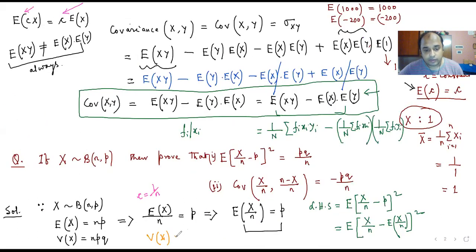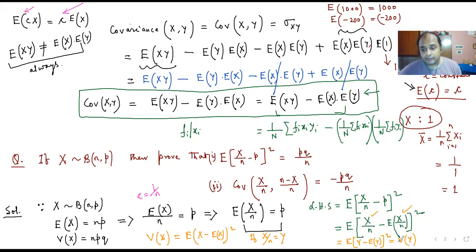It is actually expectation of X minus EX whole square. Now, in place of X, think of the variable X by n, and suppose you name it Y. Then we are getting expectation of Y minus expectation of Y whole square. And what is this? This is actually variance of Y.